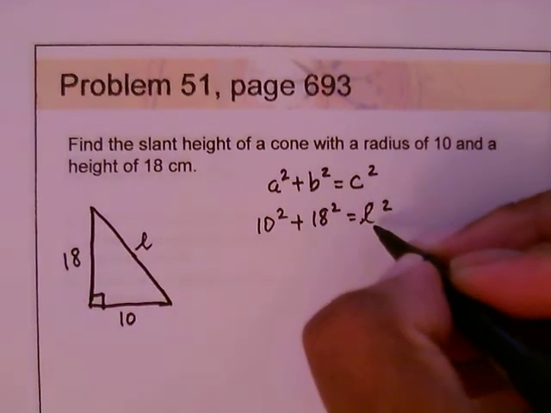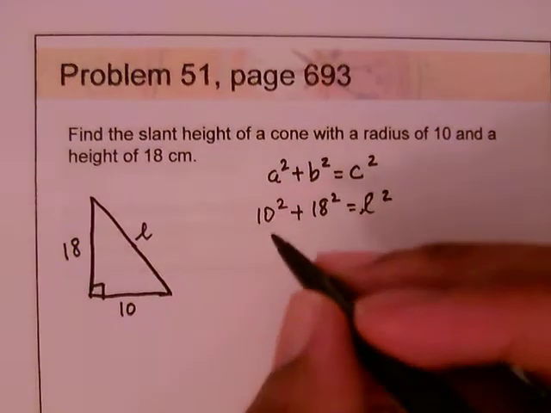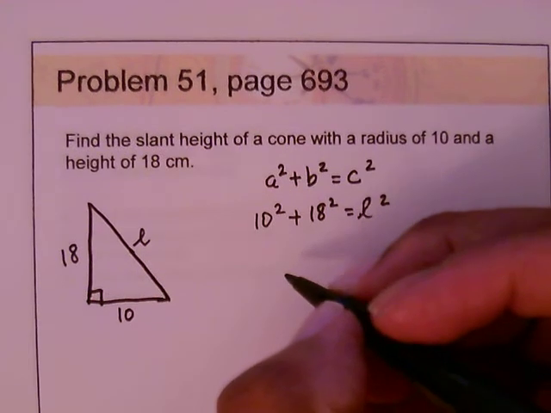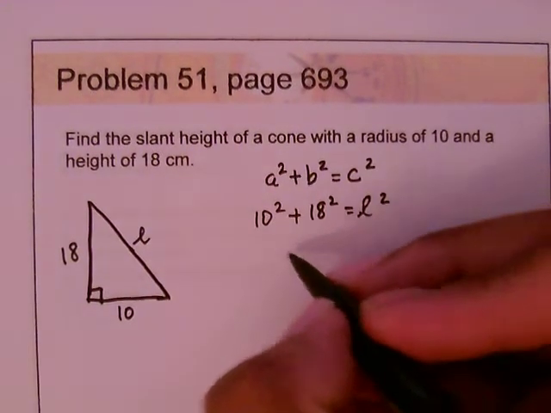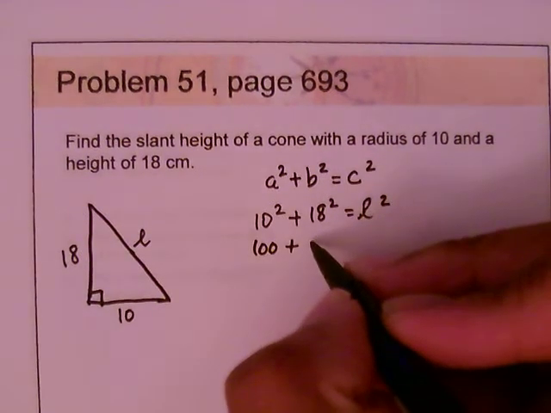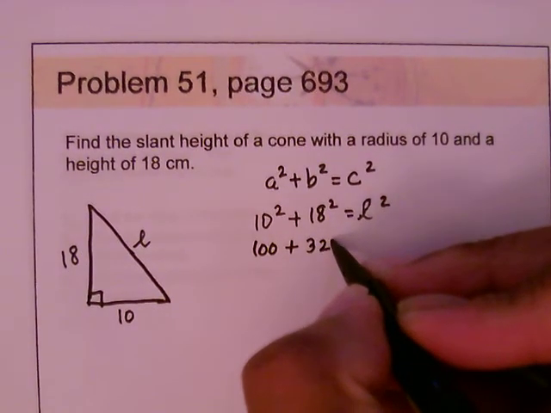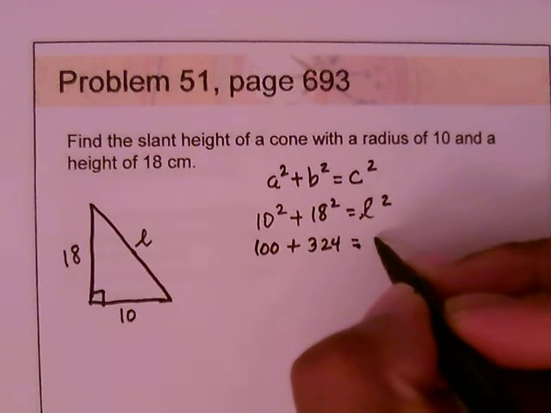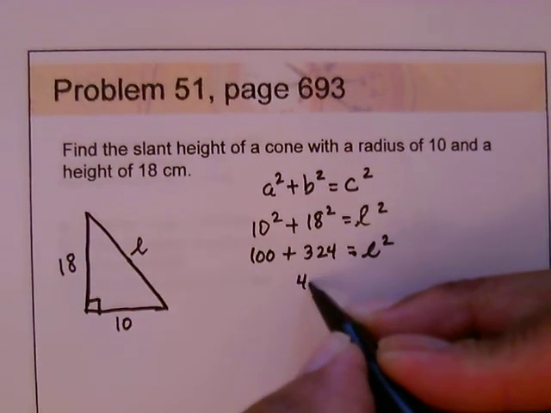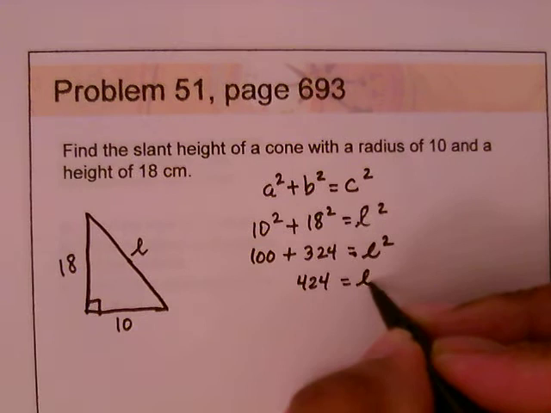L squared. Let's see. 10 squared is 10 times 10. That would be 100. 18 squared is 18 times 18. That's 324. That would be equal to L squared. And add 324 and 100 together, you'll get 424. That'd be L squared.